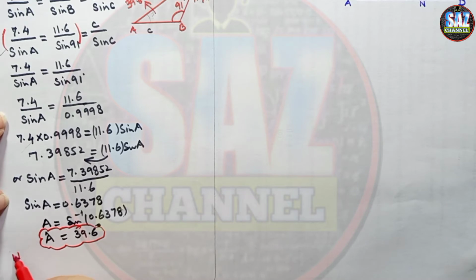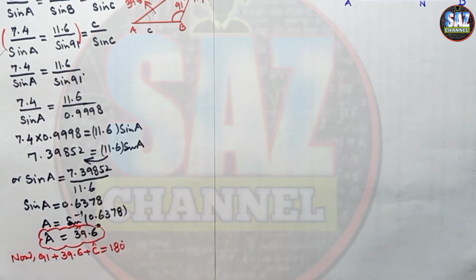Now 91 plus 39.6 plus angle C equals 180 degrees, and 91 plus 39.6 gives me 130.6, so 130.6 plus angle C, or angle C equals 180 minus 130.6.